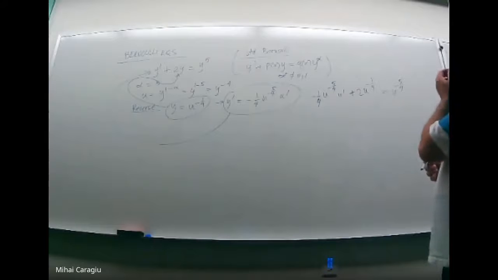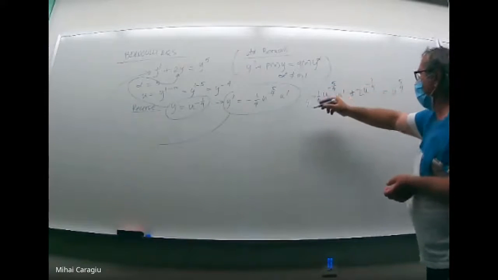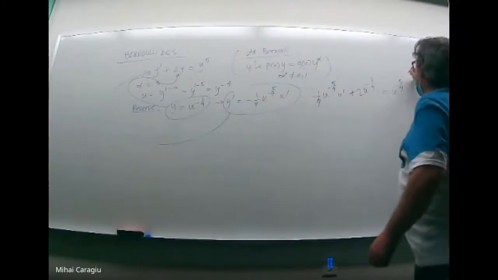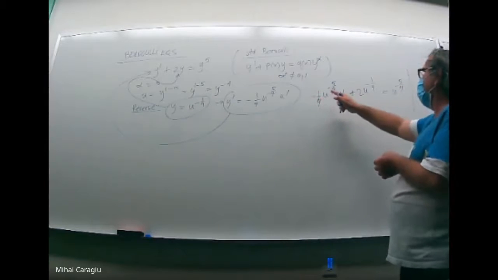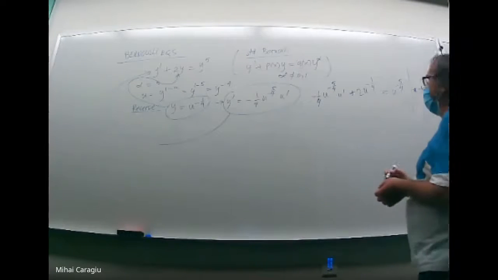Now, this is kind of an ugly looking equation, but to make it look nicer, we have to clean up around u prime. So, what should we do to clean up around u prime? Multiply by minus 4 u to the power 5 over 4. So, see what we get.